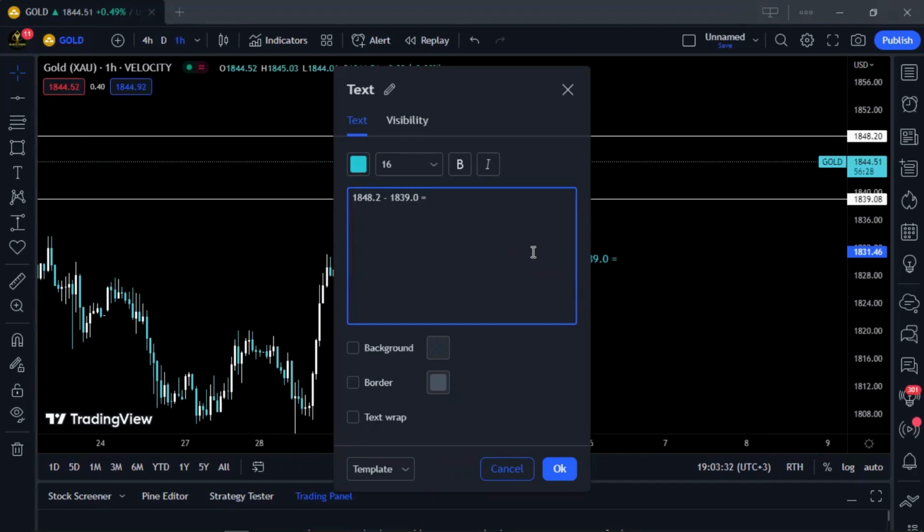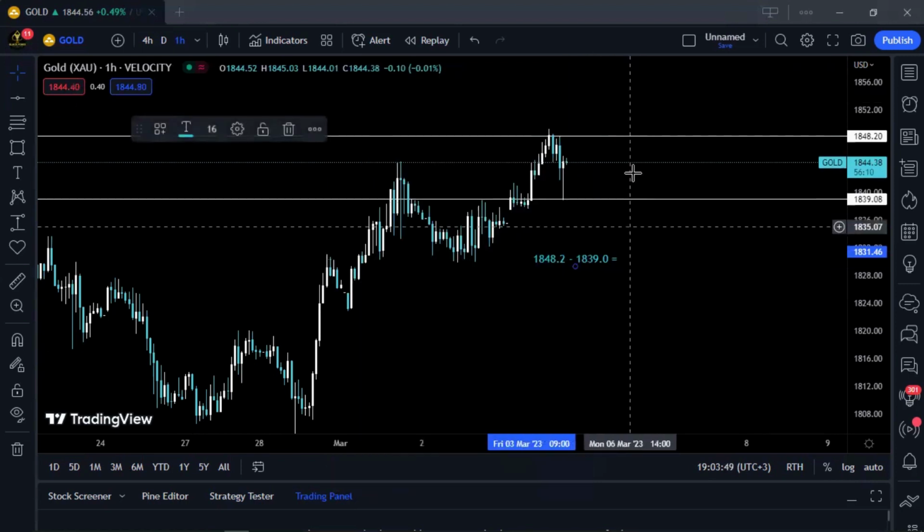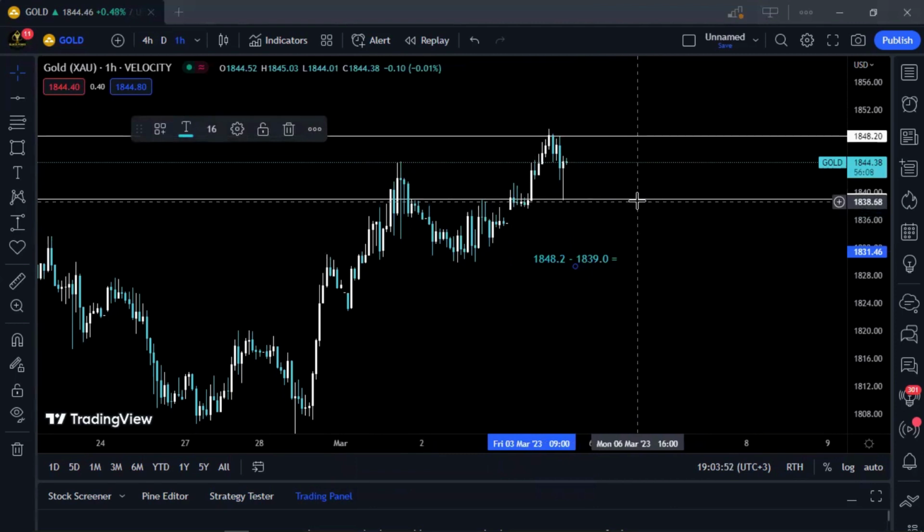Come on now, we're living in a civilized era. Why would we stress our minds with all that? We're trying to catch pips, we're not trying to do maths, right? 1848.2 minus 1839 equals 9.2. Right, cool. So from here to here, it's actually 9.2.